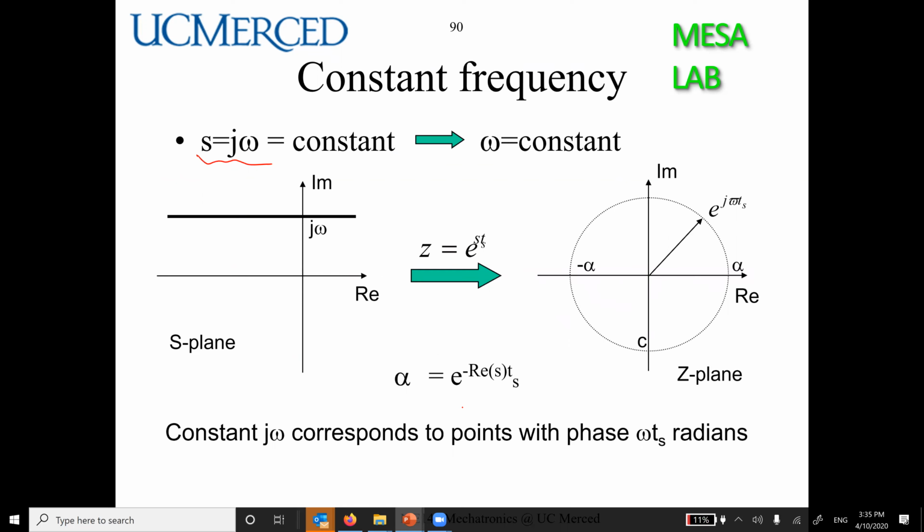That means you have e to the j omega Ts. S is j omega, put it here. So Z is a point here with phase omega Ts. Ts is known, so it's that point.